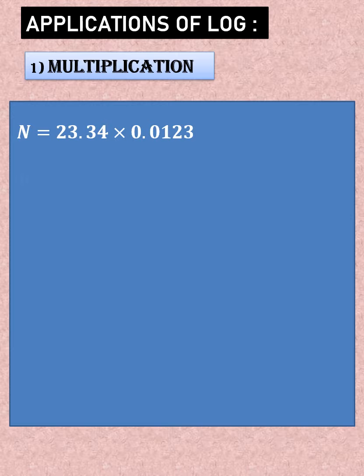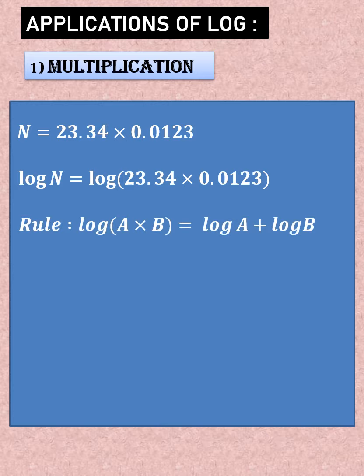So take the log on both sides. Just take the log on both sides of the given number. Now as per the rules of logarithm, use the rule: log of a multiplied by b is equal to log of a plus log of b. Means when the log gets separated to each number or each term, the multiplication sign gets replaced by a plus sign.